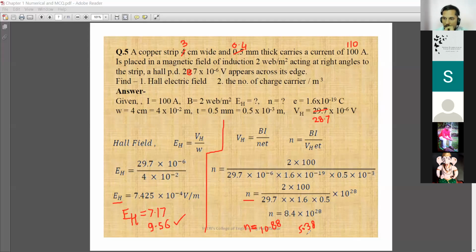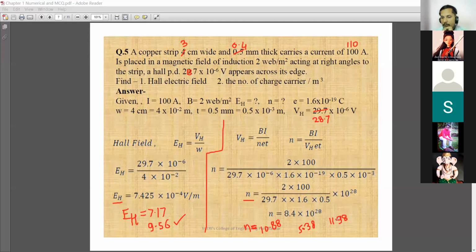Yes, sir. 11.98 into 10 raised to 28. What are you getting? 11.97, 11.98, okay. 10 to 11.98, the power. Yes, sir, 10 to 28.